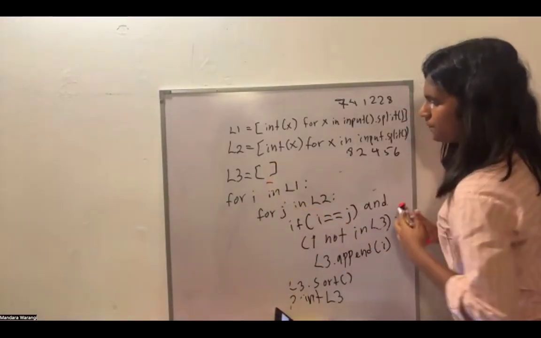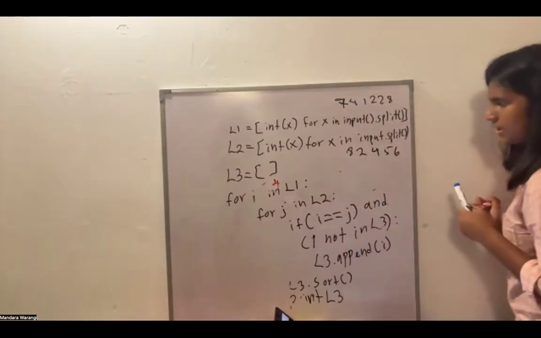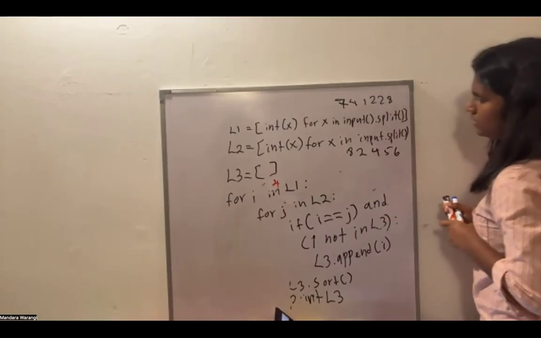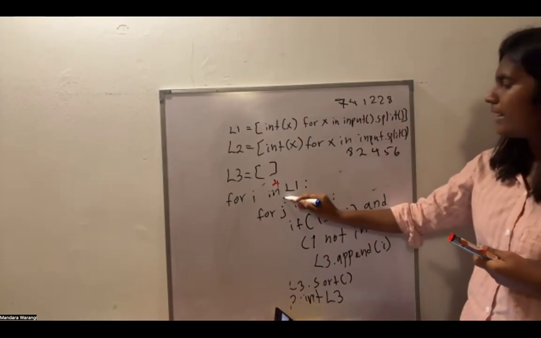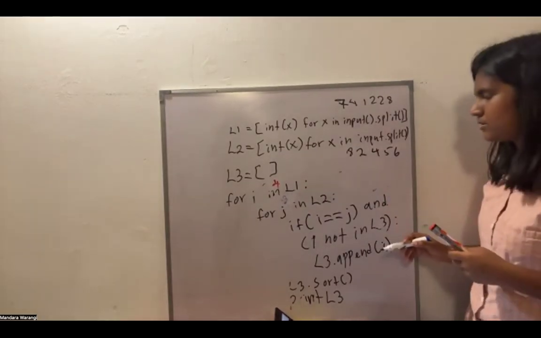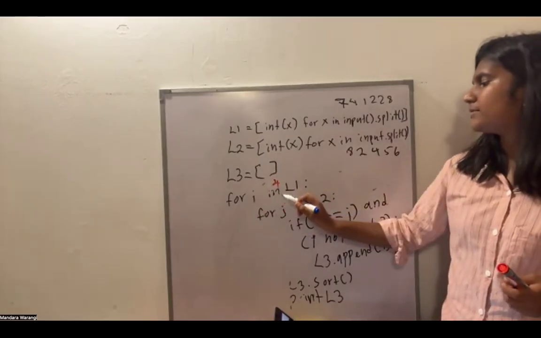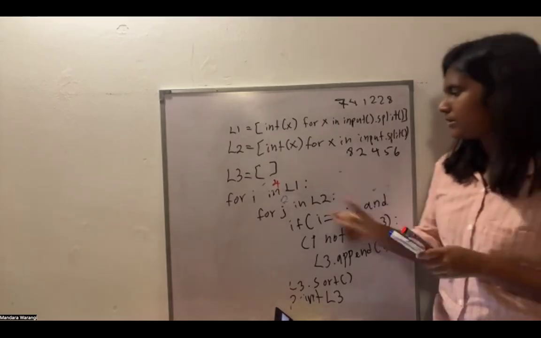The 7 becomes 4. Now here it's 4. Then again 8 comes here. We check whether 4 is equal to 8. No. Then we go to the second: whether 4 is equal to 2.